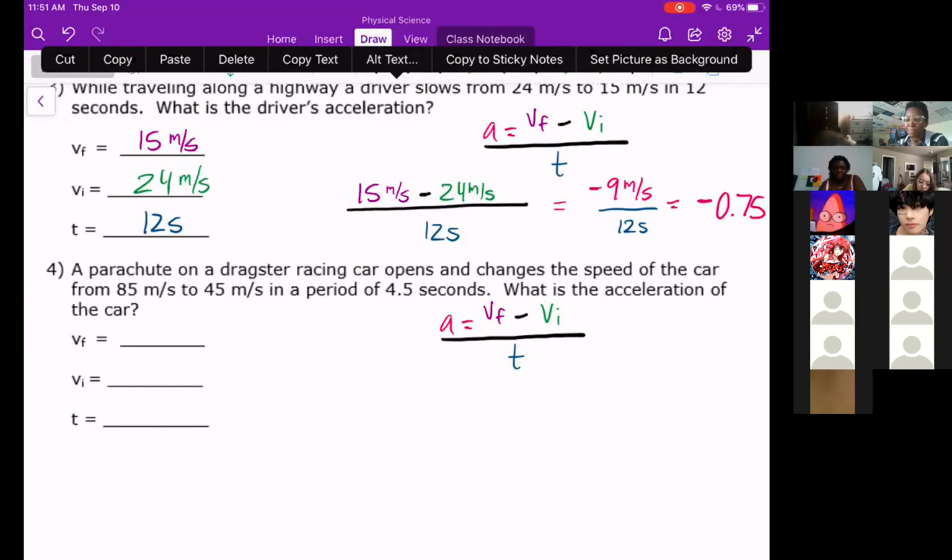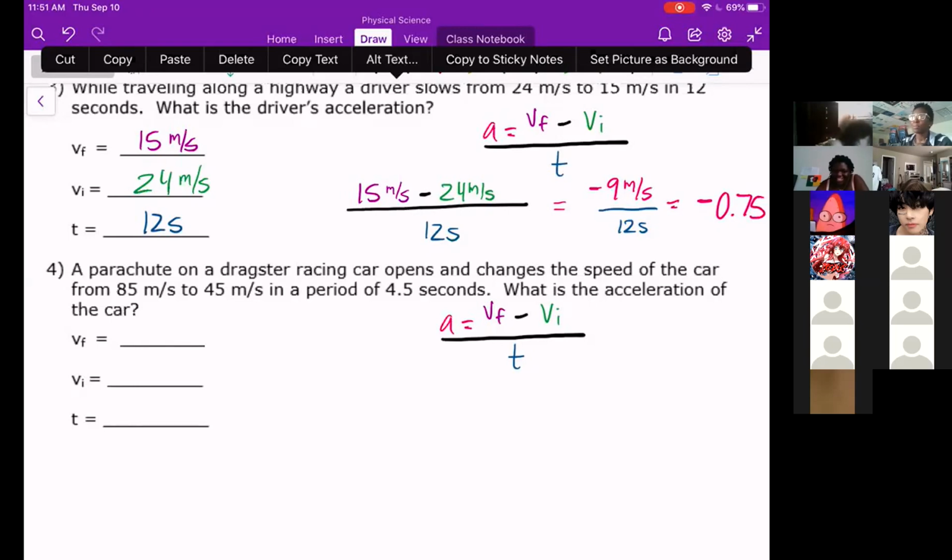VF 85. Is that what they finished with? Did they finish with 85 meters per second or start at 85 meters per second? They started, because it said he went from 85 meters per second to 45 meters per second.